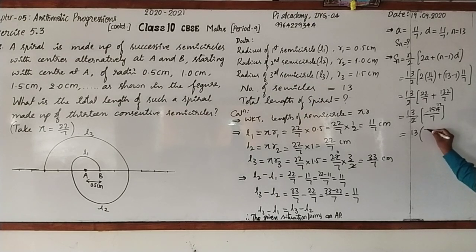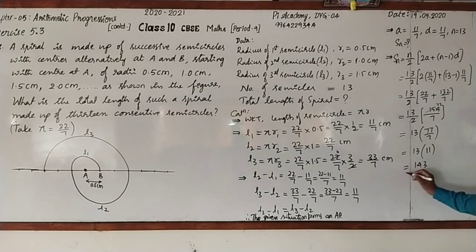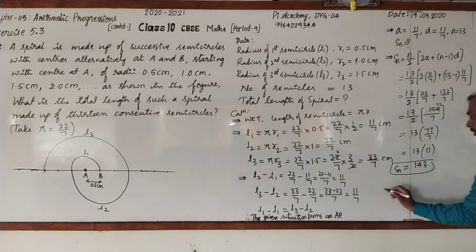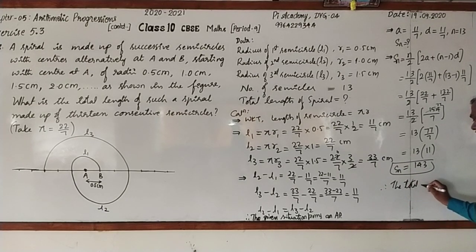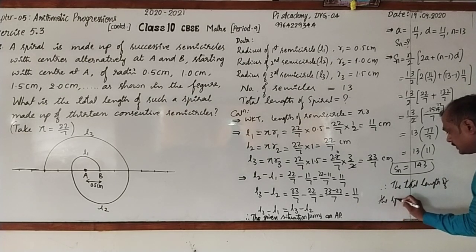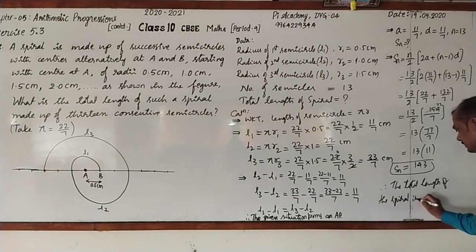So 13 into 77 by 7, cancel it. 13 elevens are, 13 tens are 130 plus 13, 143. SN. So therefore, we can write the total length of the spiral is 143 centimeter. Hope that you have understood.